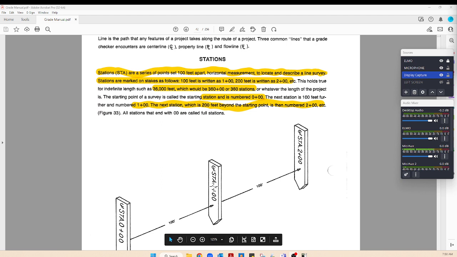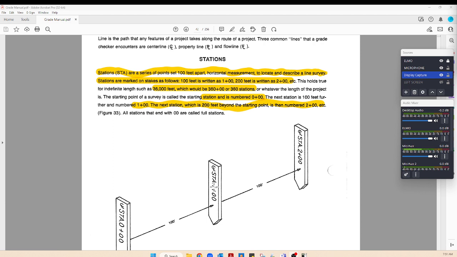You put 1 plus 0, that's 100 feet. Another 100 feet, you put 2 plus 0. I'll say this again, but anything on the left of the plus sign, and when I say left, as you're looking at it, would be 2, like here, that's 200.